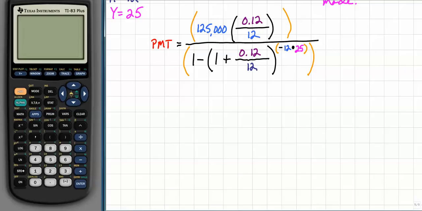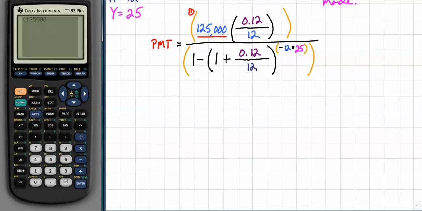So when we go to enter it into the calculator, I'm going to turn it on first, and I'm going to indicate what I am putting in. The first thing I'm going to do is type in this first parentheses. Then I'm going to type in 125,000. I'm going to double check that what I've typed in is exactly what I need.